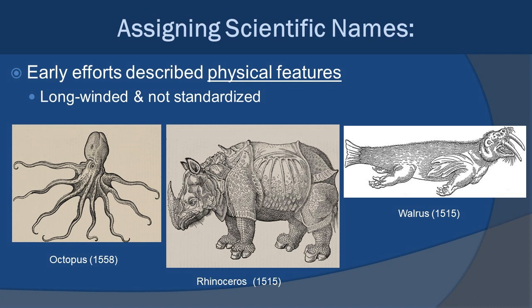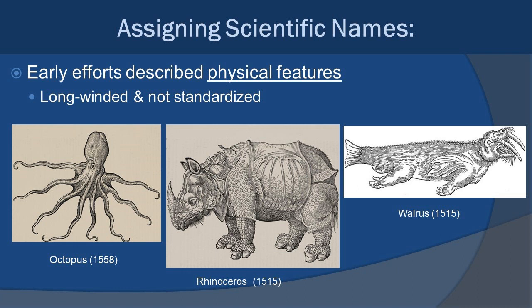These are all pictures of organisms drawn back in the 1500s. The left is an octopus, which is actually relatively accurate from 1558. The only real issue is the eyes, which are a little bit more horizontal, but the person doing this drawing was most likely looking at a dead octopus where the eyes kind of inflated out.